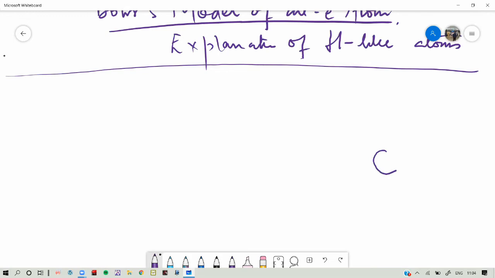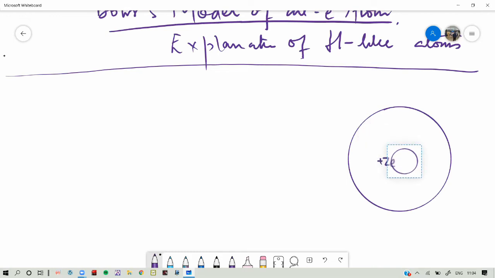that it has a nucleus which has a plus Ze charge at the nucleus, and there is a circular orbit here. It may not be accurate, so you can assume it to be accurate.